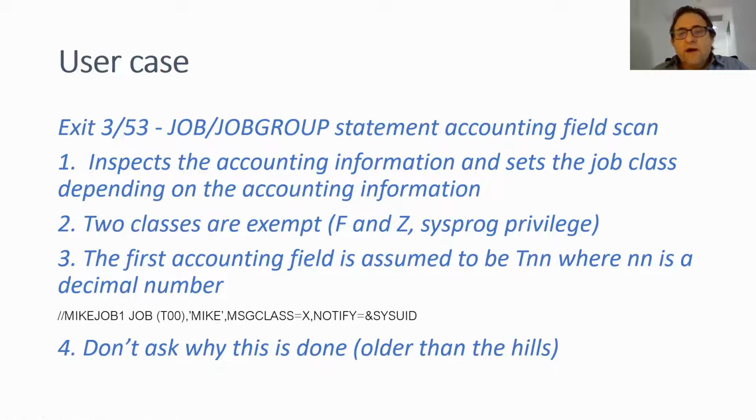So you might ask, why do that? Why not just add class equals whatever on your job card? It's a good question, but this has been around for a while. It's a development system used heavily by developers, DBAs, system programmers, and testers. And this would mean that they would have to go and change every single job card that they have.